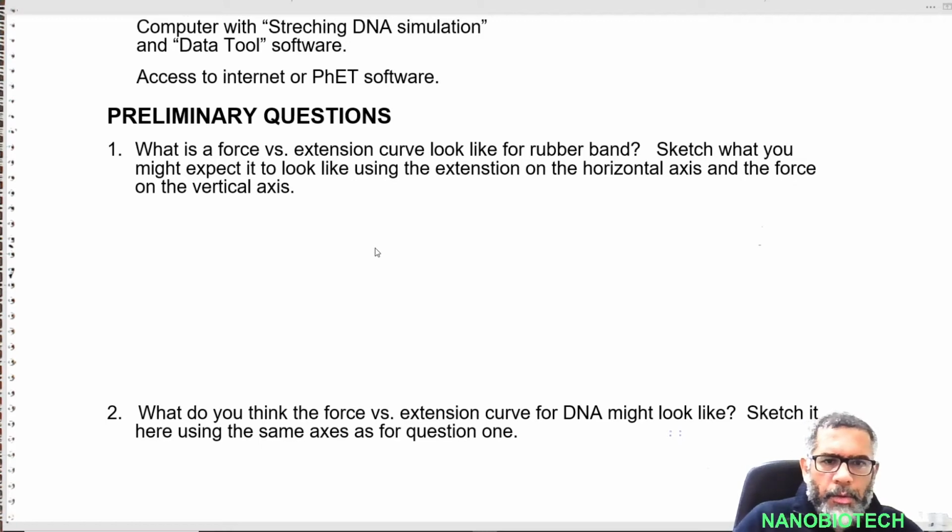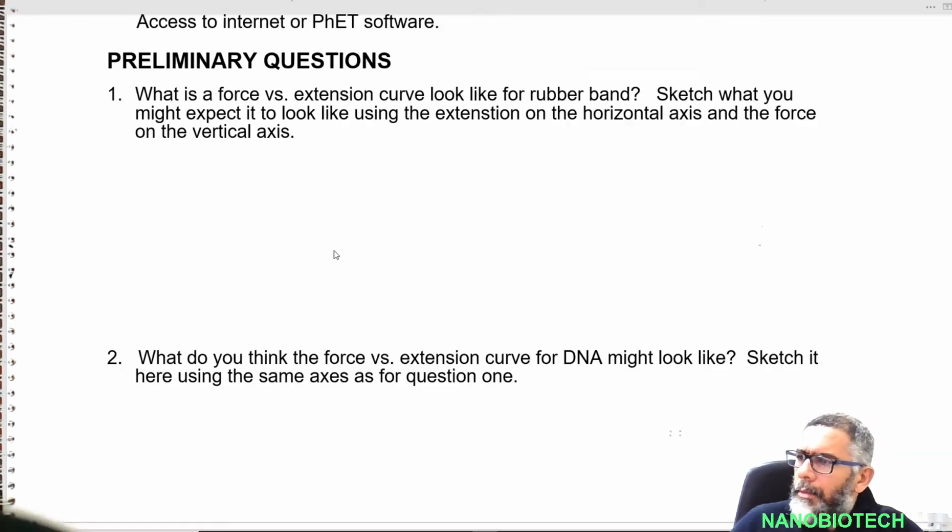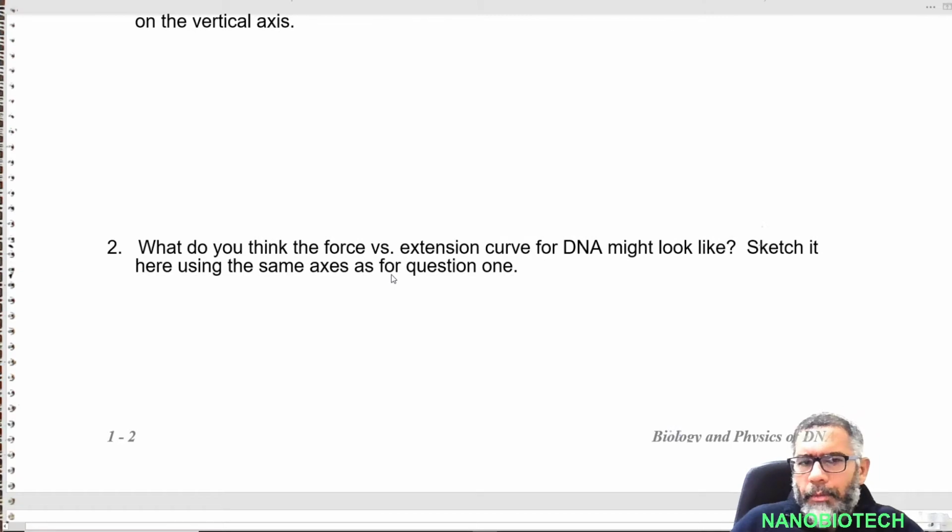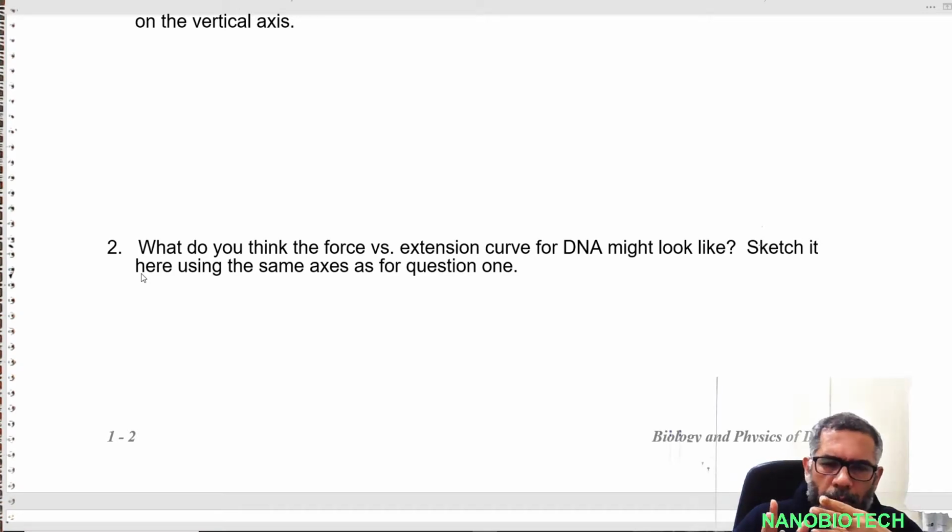I just discussed that with you in the beginning of this live class. The second question is, what do you think the force versus extension curve for DNA might look like? Well, this is up to you. Would you think that DNA can behave like a rubber?